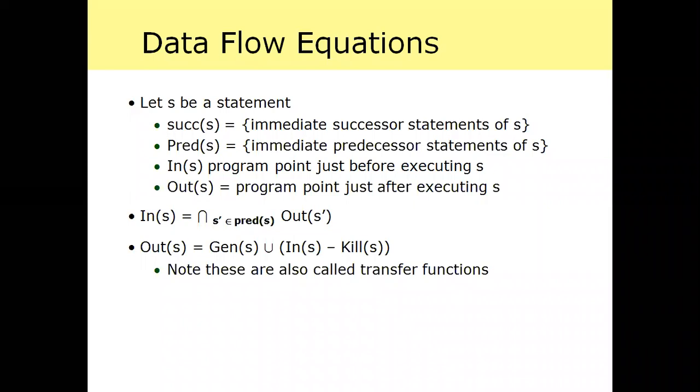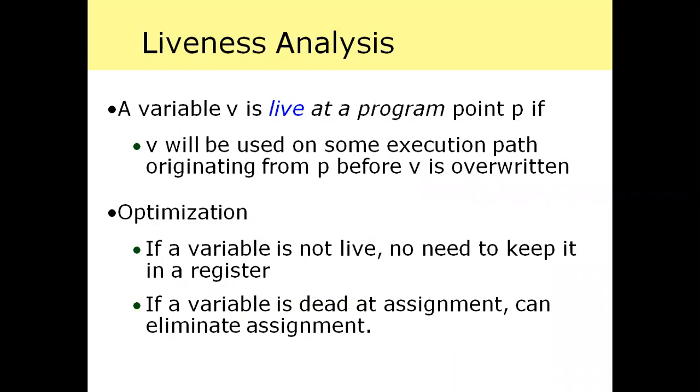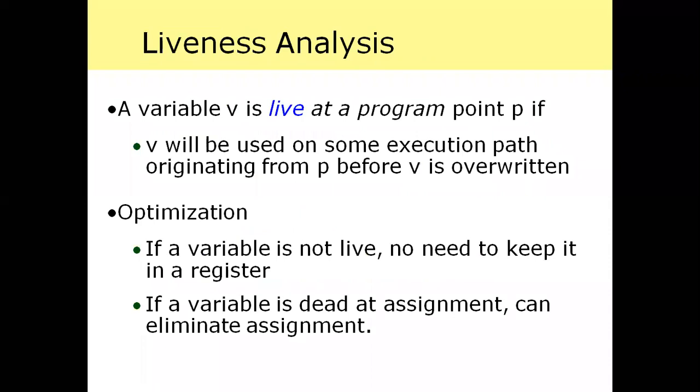And these are the data flow equations. What is next is liveness analysis. This liveness analysis can also be called live variables analysis. We all know what a live variable and what a dead variable is, and again I am explaining the live variables.